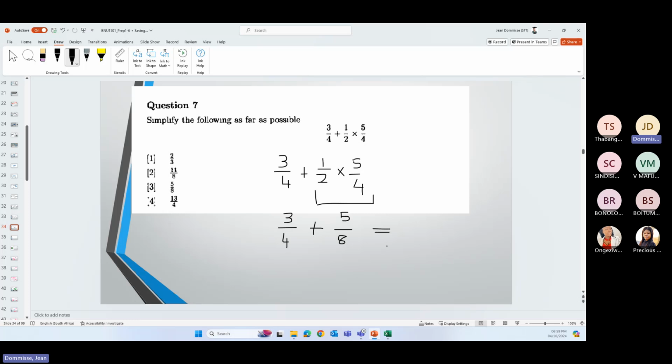Okay, so then what I would do is I would put everything on 8. So that last one will stay 5 over 8. But 3 over 4, so 4 goes into 8 2 times. 3 times 2 is 6, so 3 over 4 is the same as 6 over 8. So 6 plus 5 is 11 over 8.